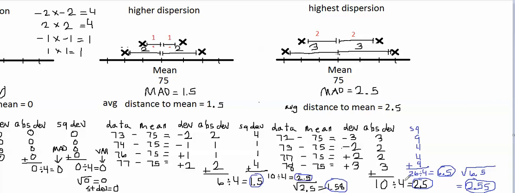But over here they went up to 2.5, 6.5, and 2.55. So each of these three values became larger over here. So when the spread goes up, like it does from here to here, all three measures of dispersion will increase.